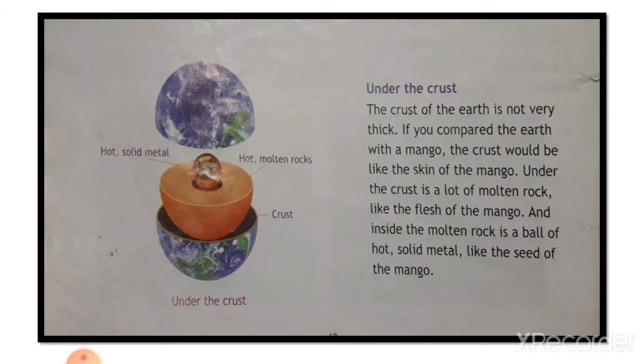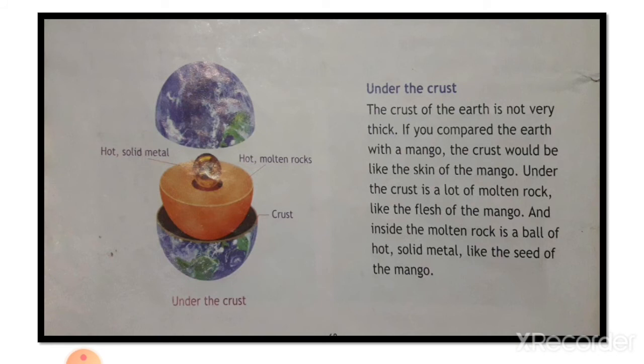See here, what they are doing is comparing the earth with a mango. We are familiar with what a mango has. The mango has a skin, and under the skin there is the flesh of the mango, and inside the flesh there is a seed. Likewise, the earth has a crust, which is compared to the skin of the mango.